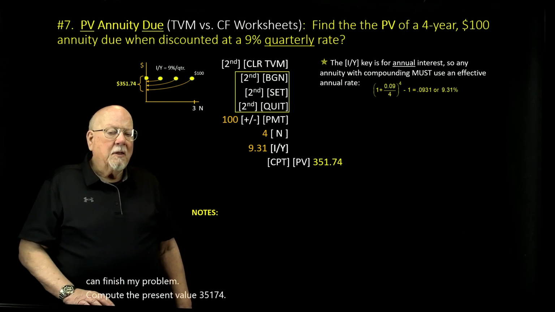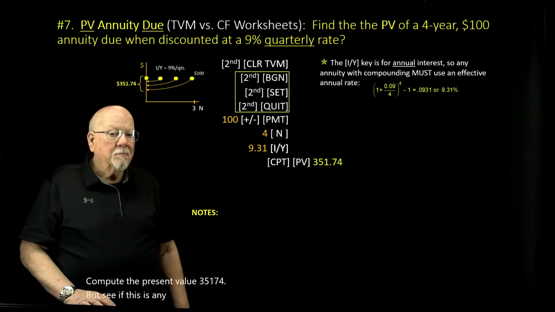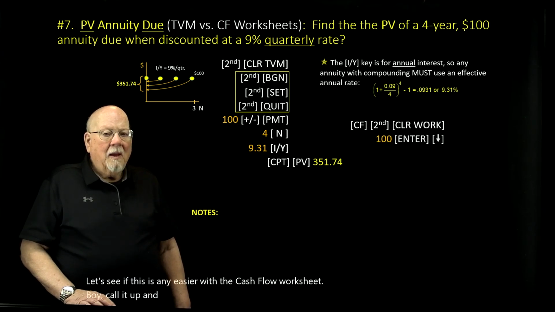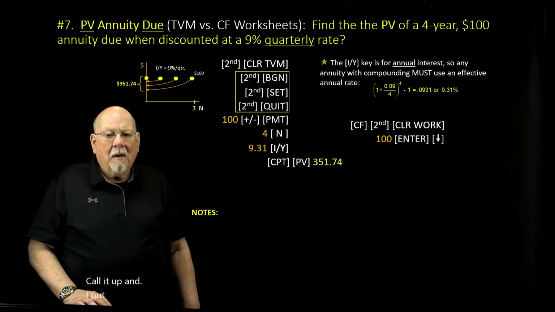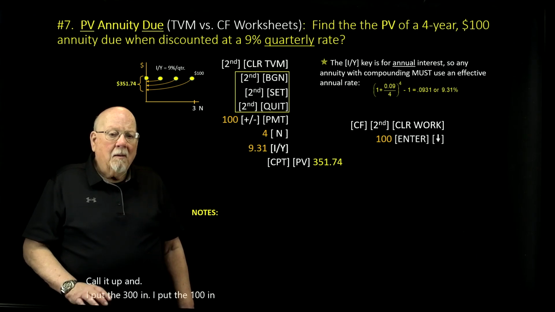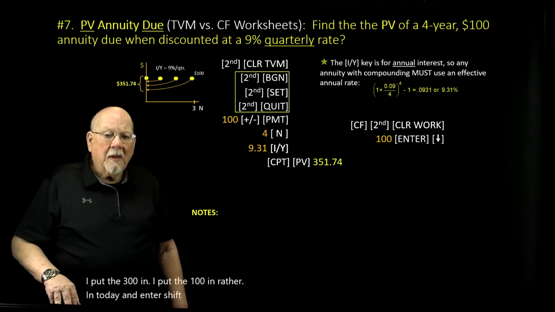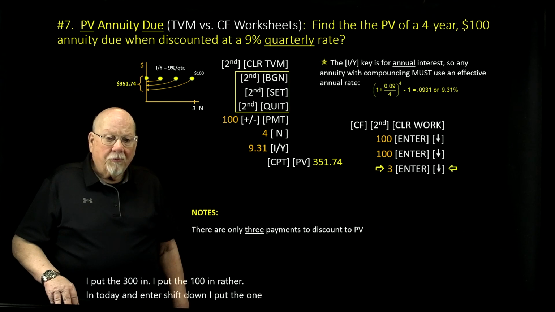Let's see if this is any easier with the cash flow worksheet. So I call it up and clear it. I put the 100 in today, and enter, shift down. Now I put the 100 in 3 times, because that's the middle cell.